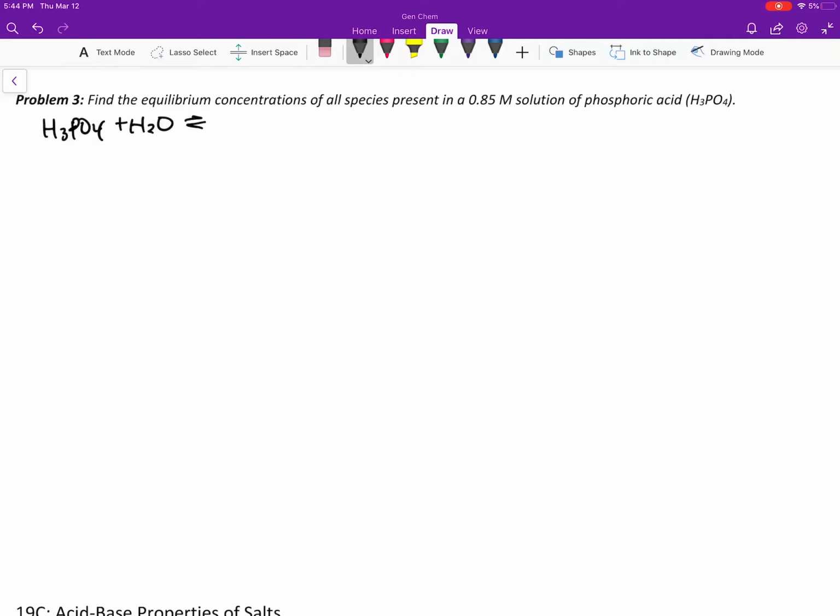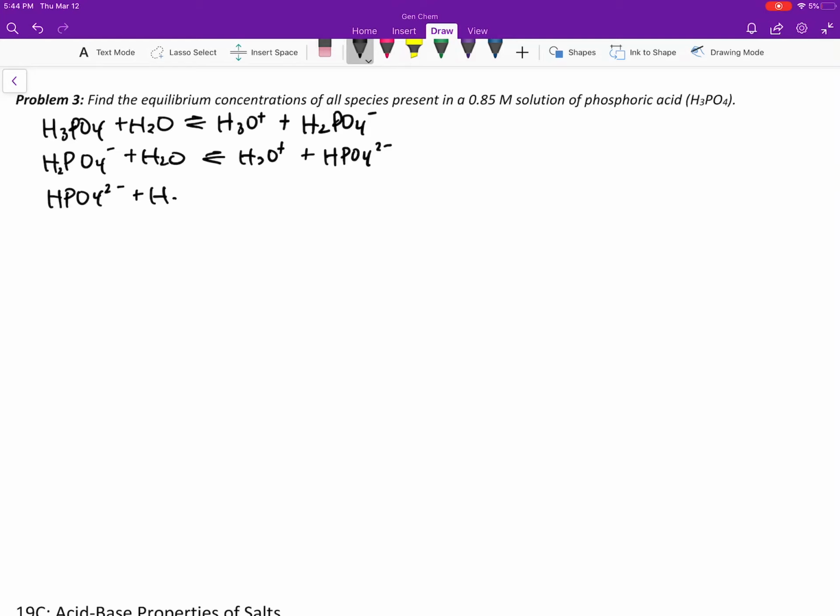So what this means is I'm going to have 3 equilibrium expressions and 3 Ka values. Each time the acid is going to give away one of its protons until at the very end it no longer has any more protons to give away, which is going to leave me with a phosphate ion only.